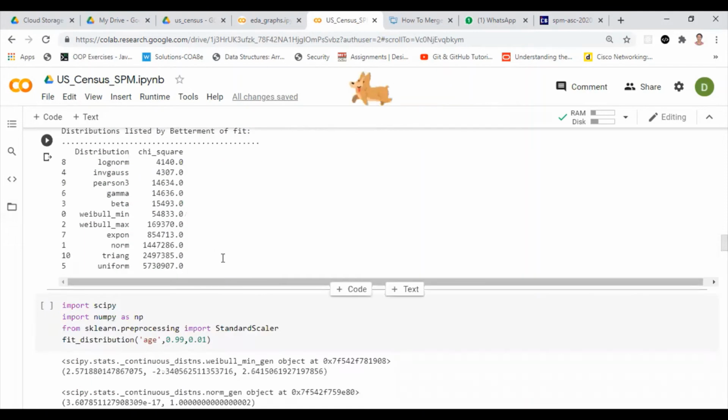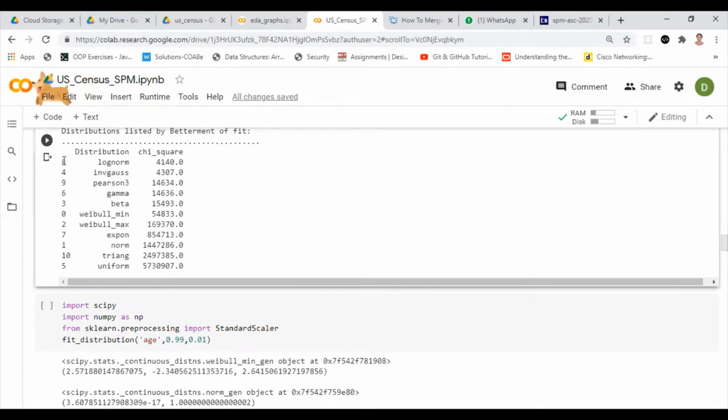After applying the chi-square distribution test on SPMResources, it can be seen that the attribute closely resembles log norm distribution and also somewhat resembles inverse Gaussian distribution, whereas it deviates significantly from the normal distribution. Hence, it can be ascertained that the column SPM resources doesn't follow normal distribution.